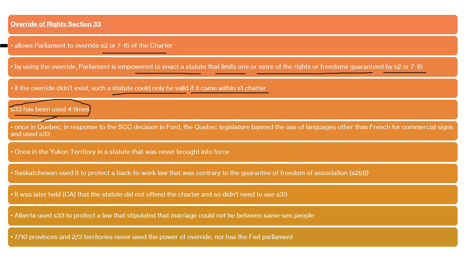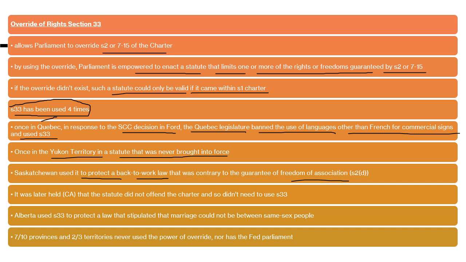Once in Quebec, in response to the Supreme Court of Canada decision in Ford, the Quebec legislature banned the use of languages other than French for commercial signs and used section 33. Then once in Yukon Territory, in a statute that was never brought into force, so that was invalidated. Then Saskatchewan used it to protect a back-to-work law that was contrary to the guarantee of freedom of association.